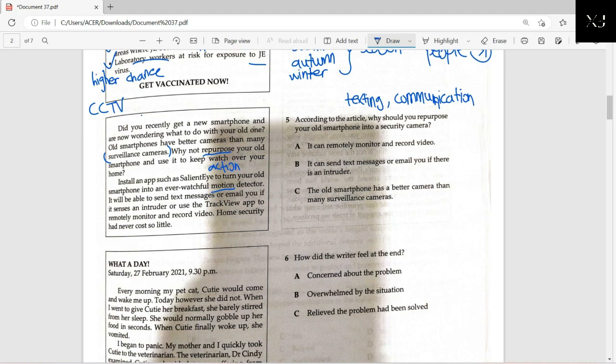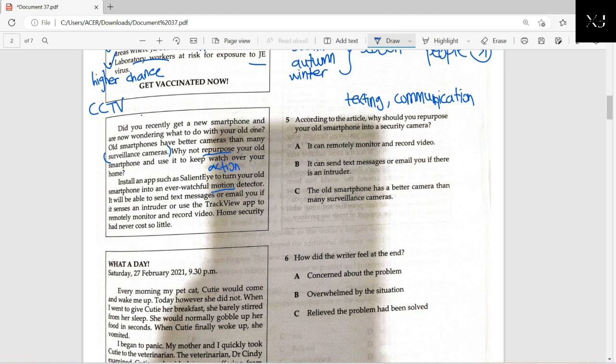Nowadays, actually it's been quite some time, in certain rooms when you walk in, the light will just light up without you pressing a switch. So why is that? It's because of motion detectors. Okay, it will be able to send text messages or email you if it senses an intruder, or use the Track View app to remotely monitor and record video.